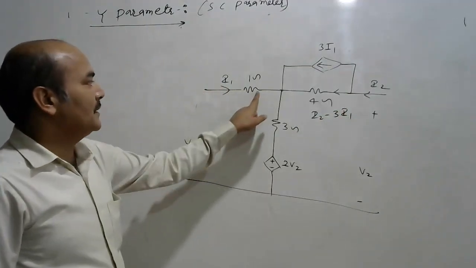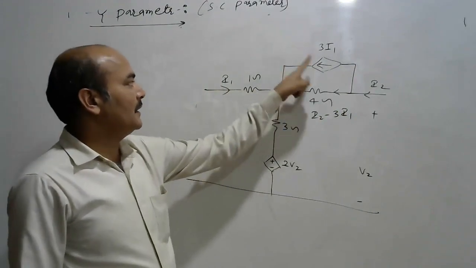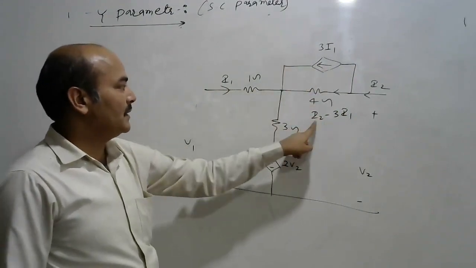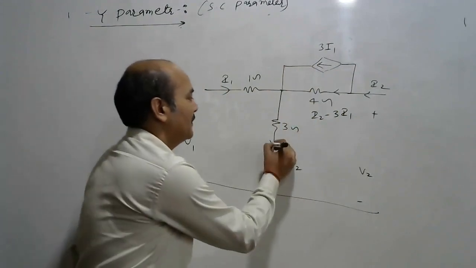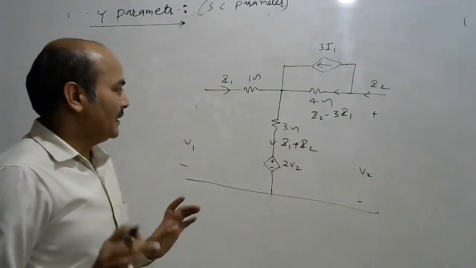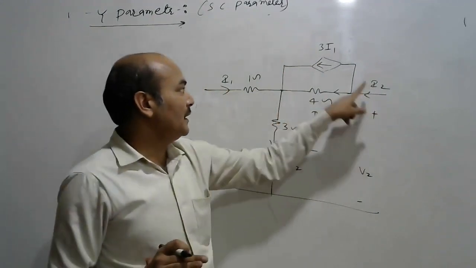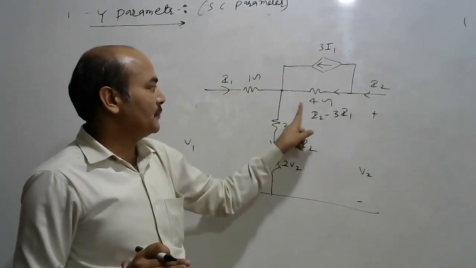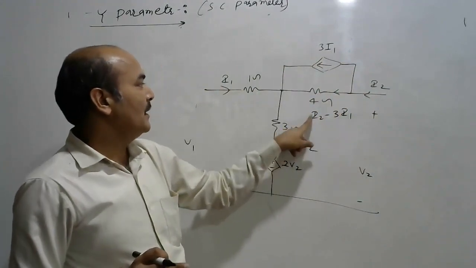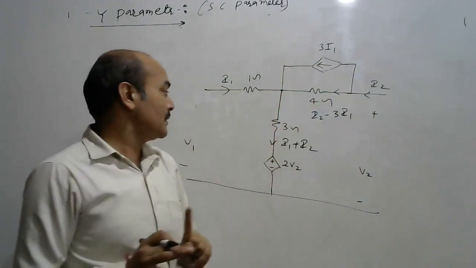The current in this branch is I1, and 3I1 is coming, so that becomes cancelled. So that is I2. Okay, I'll just recheck my current. I1 is here, I2 is here, 3I1 is here. So the current in this branch is I2 minus 3I1. This 3I1 cancels with this branch, so here the current is I1 plus I2.